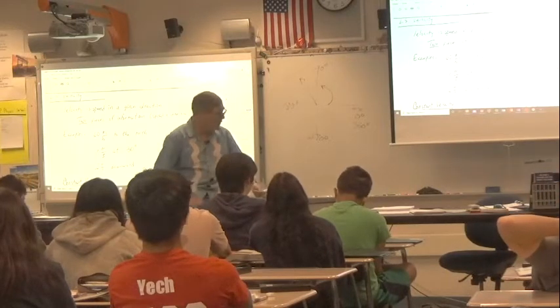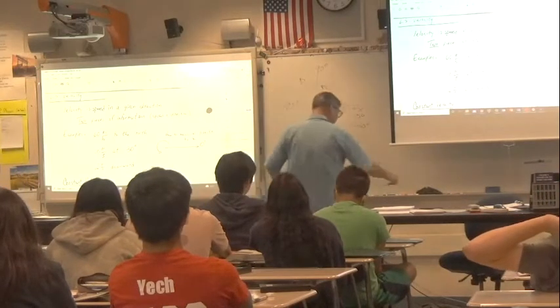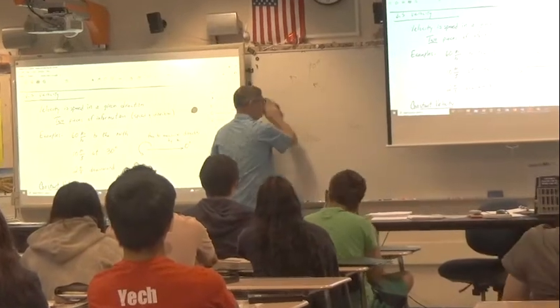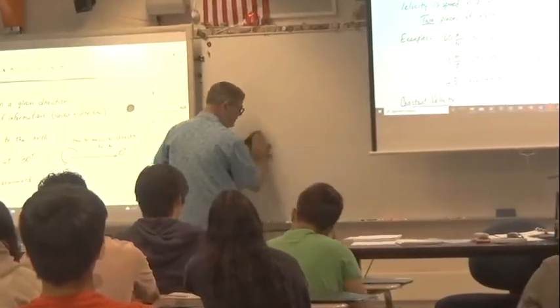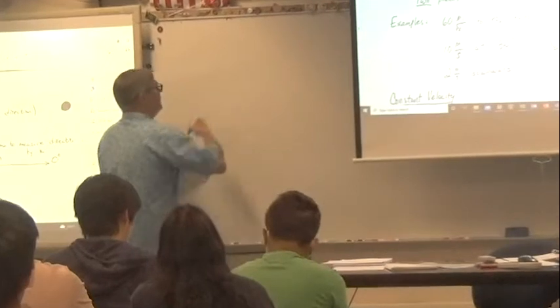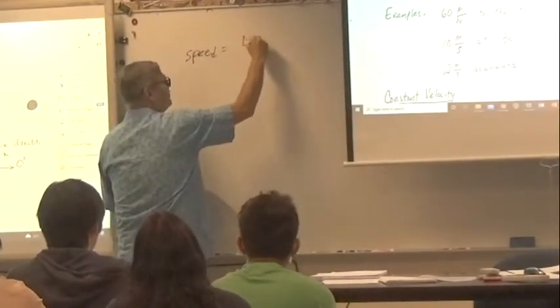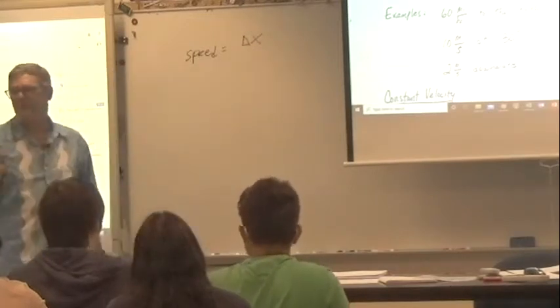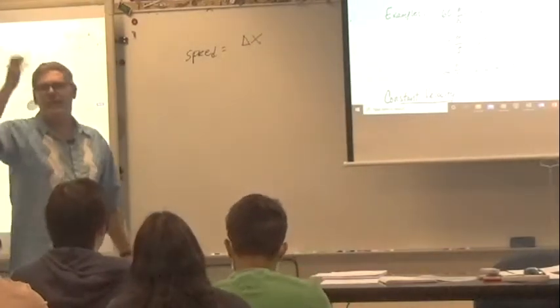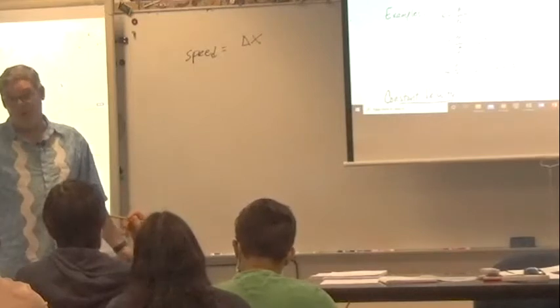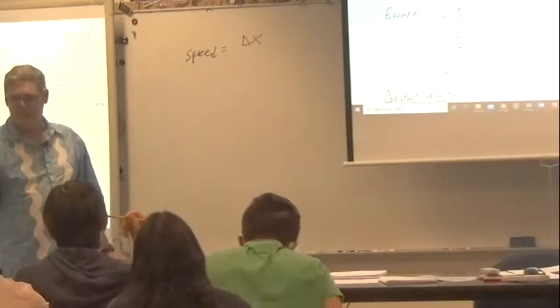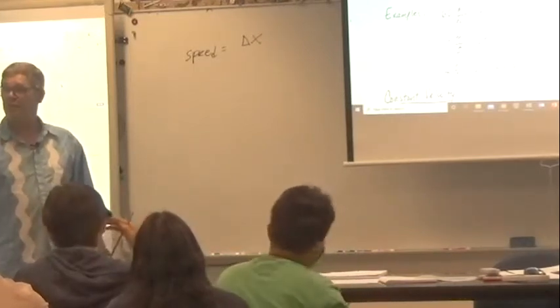And how do we calculate acceleration? Well, let's compare to how we calculate speed. Speed was change in position. We use the letter x because even if we're moving up and down, which is usually the y-axis, it's just conventional to use the letter x to represent where you're at.